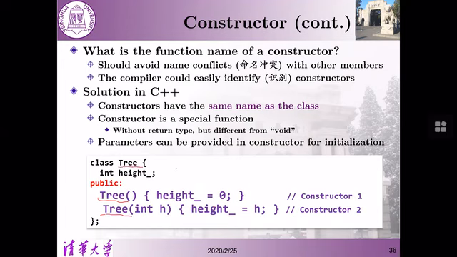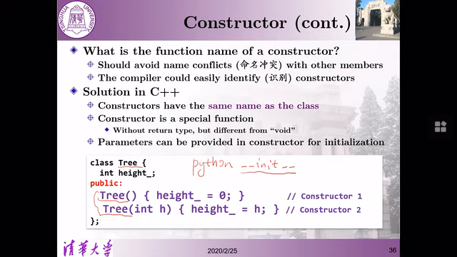Actually, it's not necessary, right? I mean, in other languages like Python, the constructor is like this. So this is the constructor for a Python class. So it's not necessary to have this name, but anyways, in the C++ language, the constructor needs to look like this.